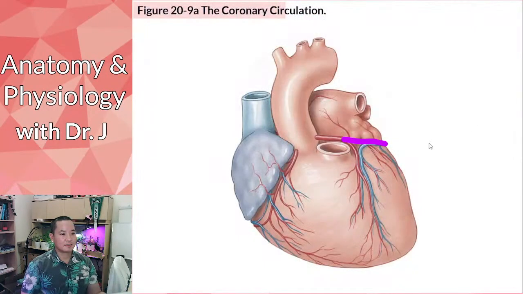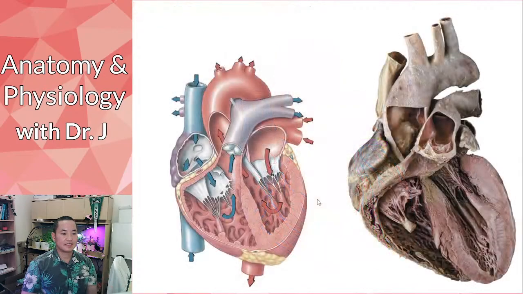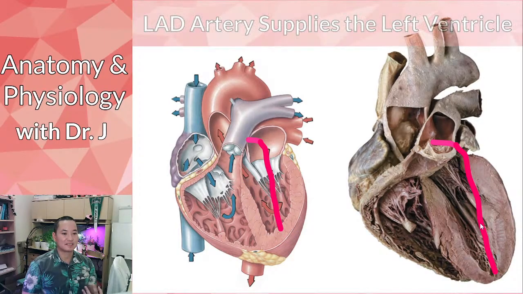The LAD is the anterior interventricular artery, so it's going to be between the ventricles, but it also supplies both ventricles, especially the left ventricle.